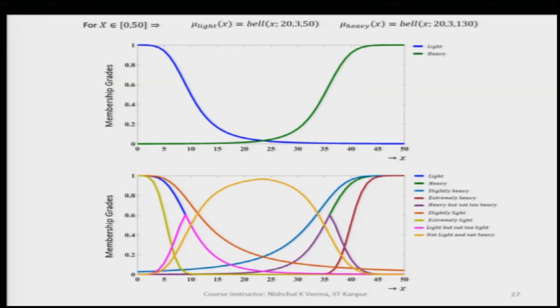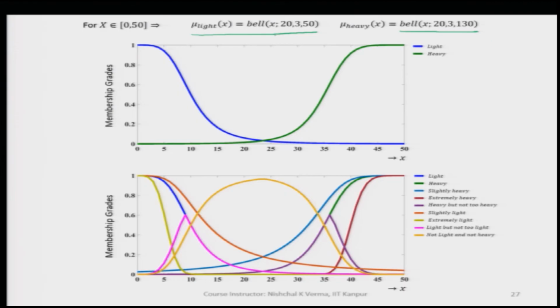Now, here the same can be represented together. We see that we have a bell shaped membership function for the light linguistic value and a bell shaped membership function for the heavy linguistic value, but the parameters of this bell shaped membership function are different for light and heavy.